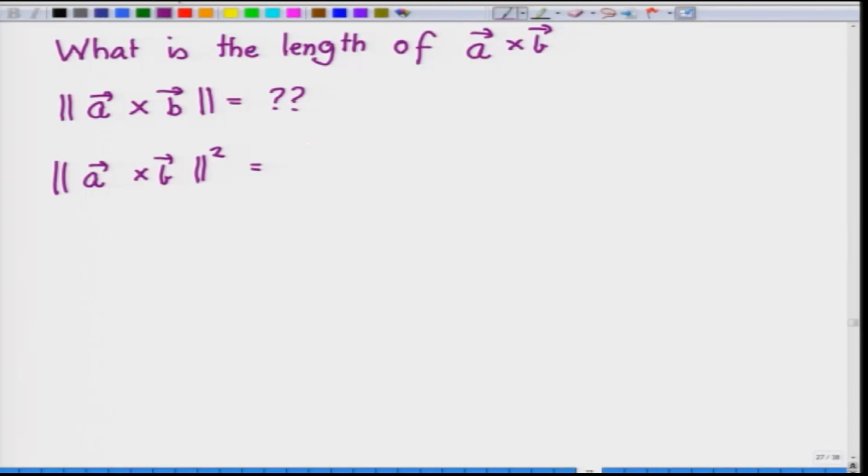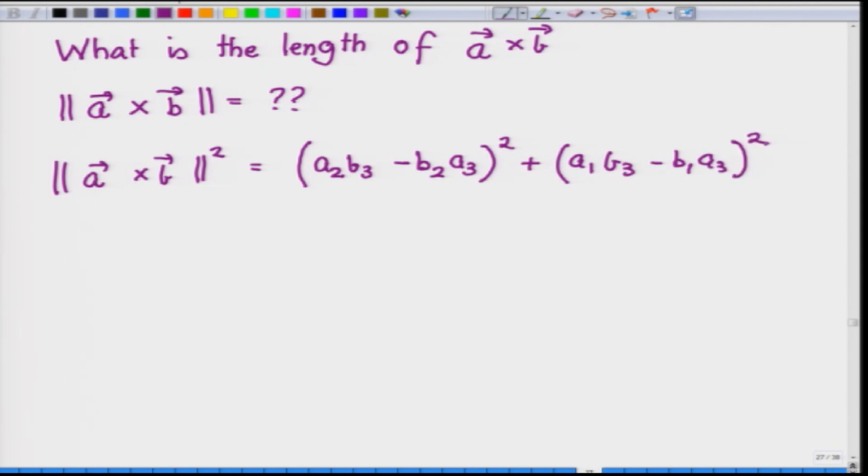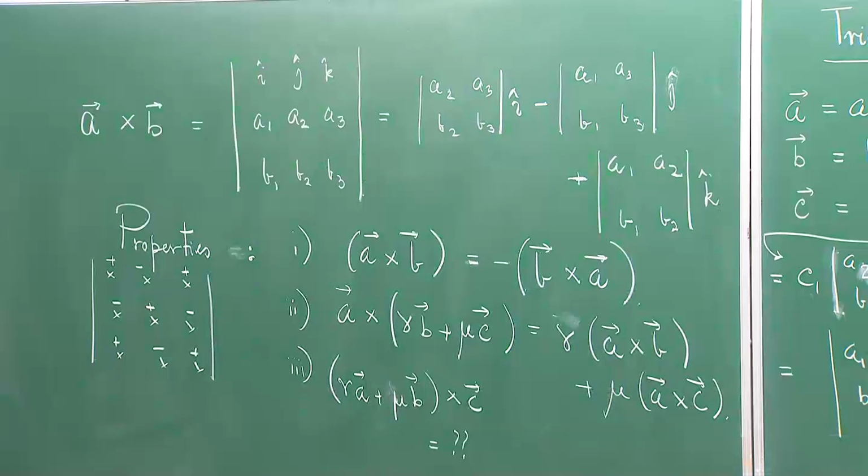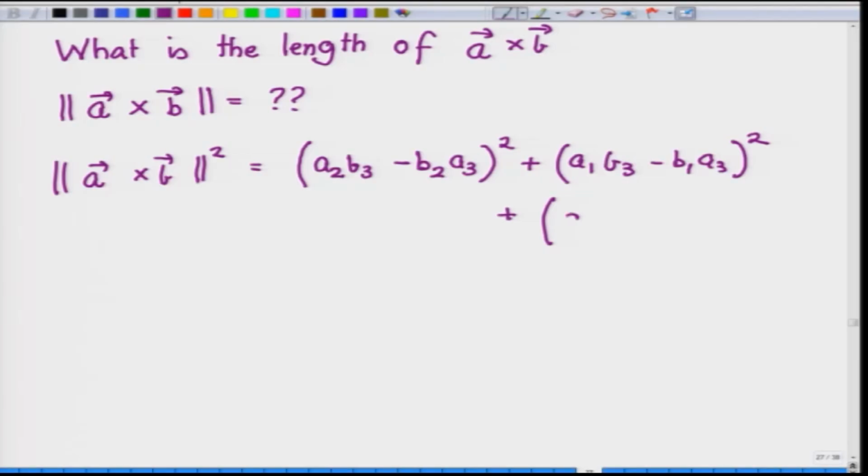Going back and writing it down, the first is (A2 B3 minus B2 A3) whole square, plus (A1 B3 minus B1 A3) whole square, plus (A1 B2 minus B1 A2) whole square.